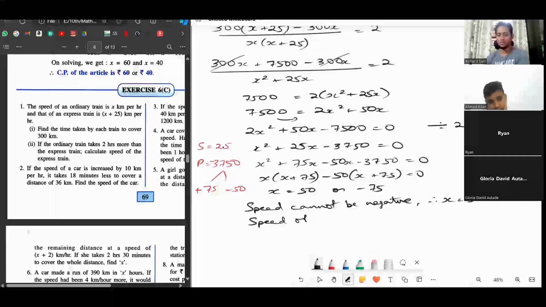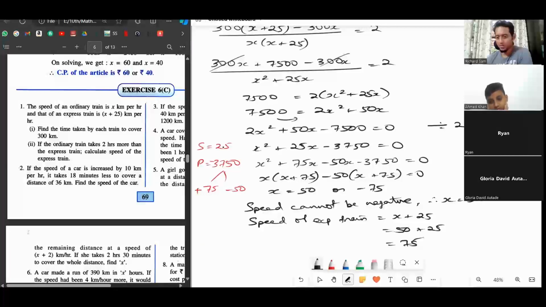X plus 25. So that means 50 plus 25, which is 75. See, we're not taking the minus 75 that we got for x, okay? This x, when we add it with 25, it becomes 75 kilometer per hour.